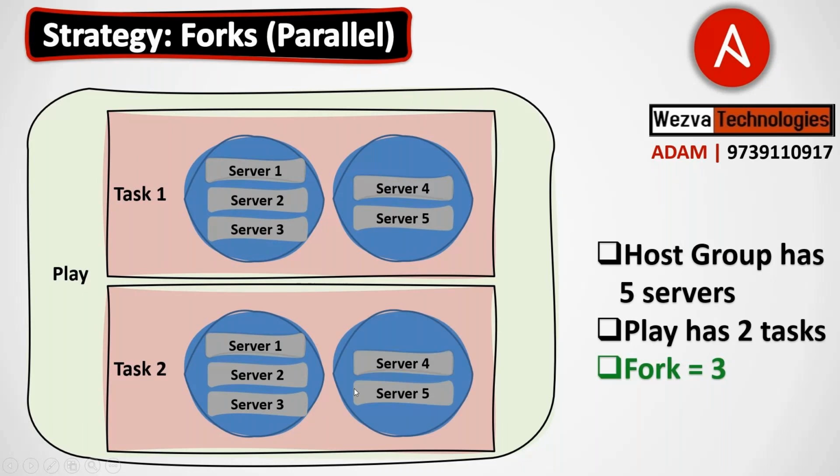Again, it will pick 3 machines, but overall, if I have only 5 machines, it will just take the remaining 2. So this way, by specifying fork, you can control for each task how many machines you want to run in parallel at a time, so that it doesn't take all the machines together. Okay. Now let's watch this.